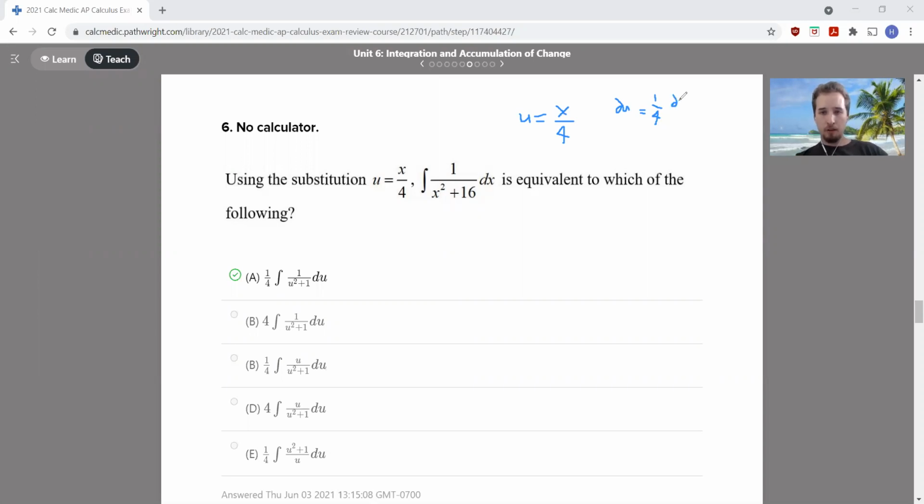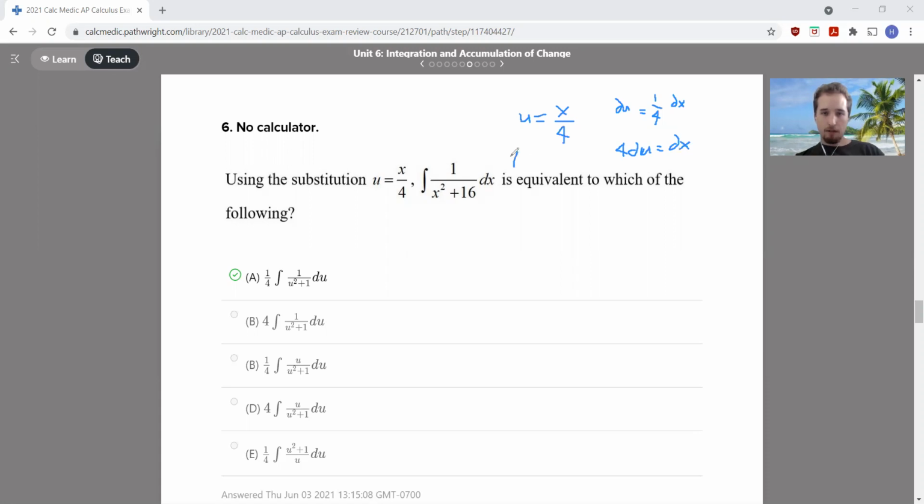Remember, when you take the derivative, you always have to include that dx. So this means that if you multiply 4 to both sides, you get 4 du is equal to dx.